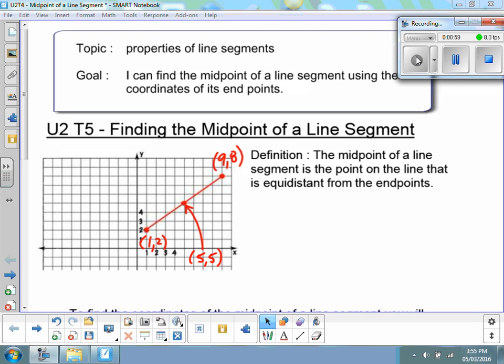Okay? Now, interesting here, if I want to find the distance from the left end point and the midpoint here, I can create a right angle triangle, and this bottom side has a length of 4. This side going vertical here has a side of 3.